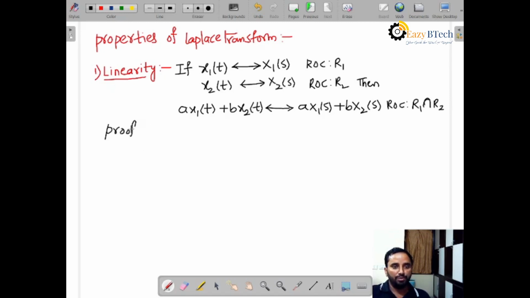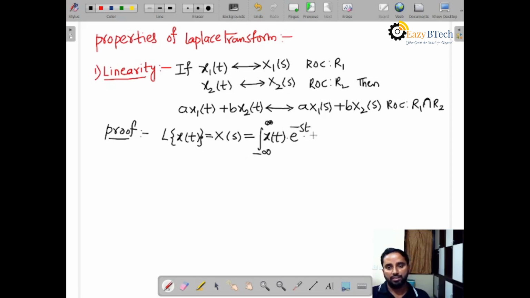Laplace transform of a signal x of t, we can indicate like capital X of s, which is equal to integral minus infinite plus infinite x of t into e to the power minus st dt. So if you understand the formula, we can do proofs easily. Whatever the signal here x of t, that is here.